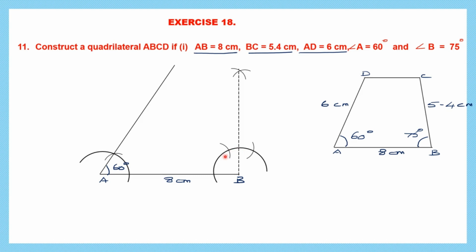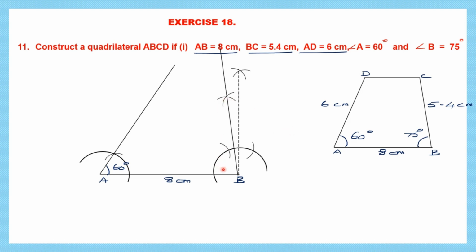So placing your compass needle at the 60-degree angle, we're going to draw an arc. So we have an arc drawn there. Now placing your compass needle at the 90-degree mark here on this arc, we're going to cut this arc. So we have a point there, point of intersection. Now draw a line from there.